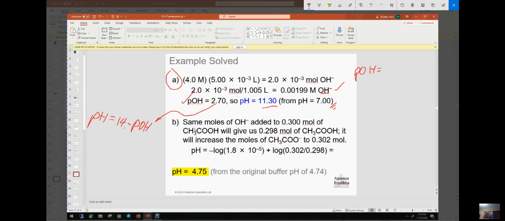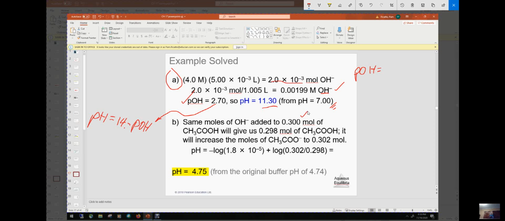Okay. In part B, the same number of moles of sodium hydroxide is added, which gives us 0.289 moles of acetic acid. All right, because this, remember in the neutralization reaction, is going to get subtracted from 0.3.